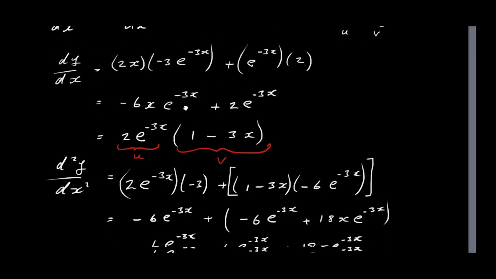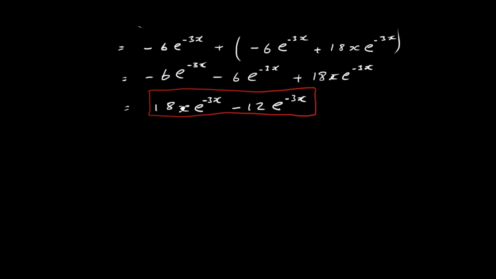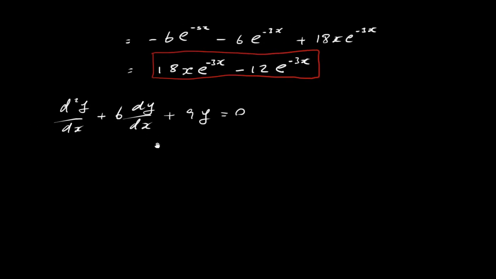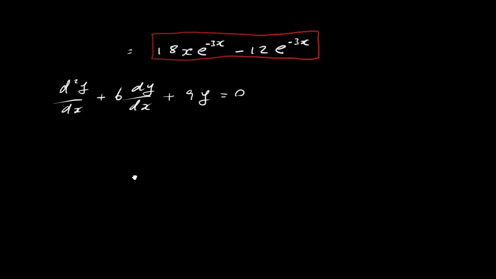So let me just write that out again, and then I'll do the substitution. So the differential equation, second order differential equation, was d squared y dx squared plus 6 dy dx plus 9y is equal to 0. So I'm just going to substitute these in here.